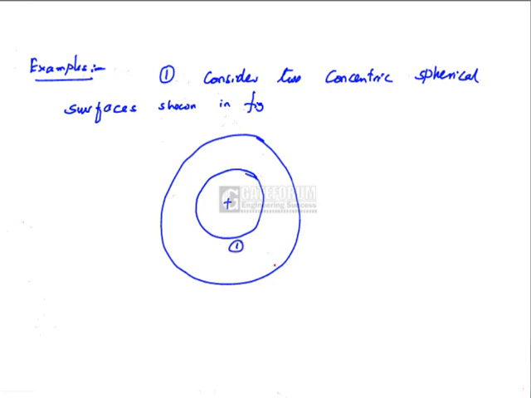This is surface 1, this is surface 2. Epsilon 1, epsilon 2, T1, T2. That is, the outside surface of the inner sphere is exchanging heat by radiation with the inner surface of the outside sphere. T1 is greater than T2.